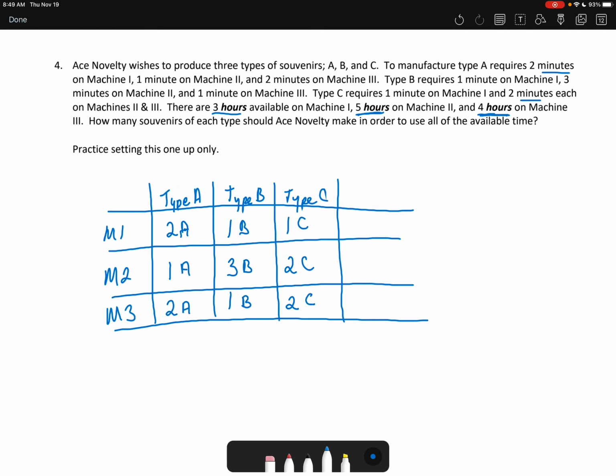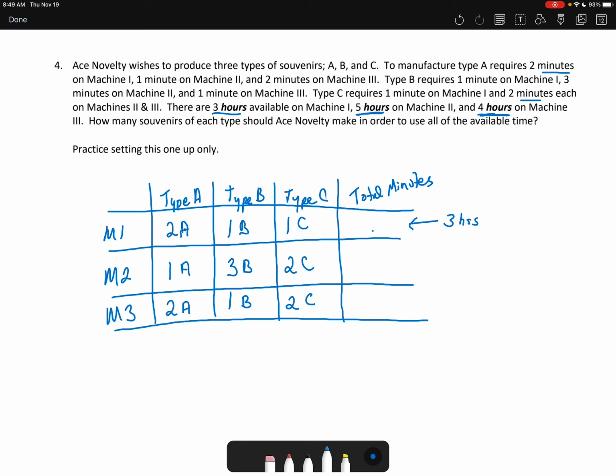So again, going across, these are all in minutes. So in my very last column, I'm going to make one more column, which is the total time in minutes. So if I follow this first row across for machine 1, I've got 2A minutes, 1B minutes, 1C minutes, and that has to equal up to 3 hours.